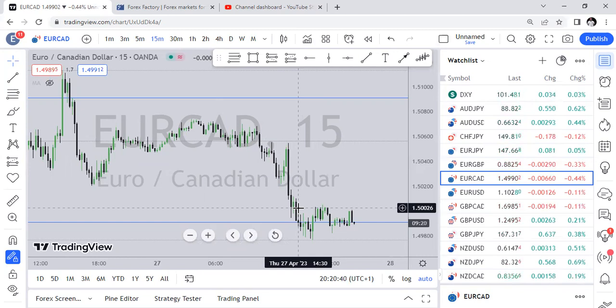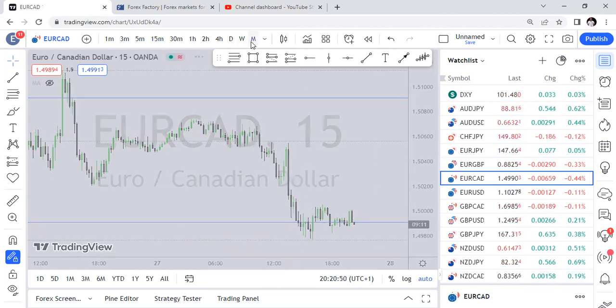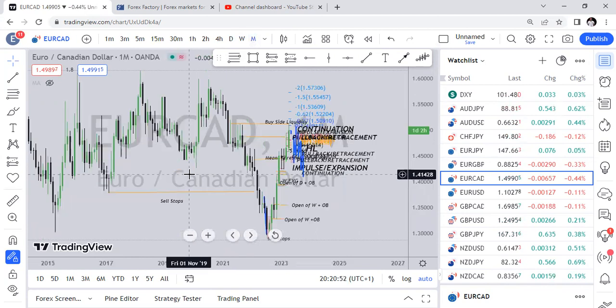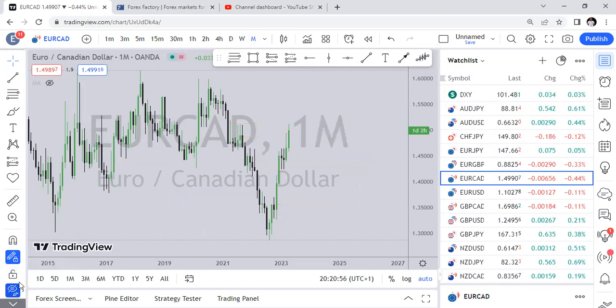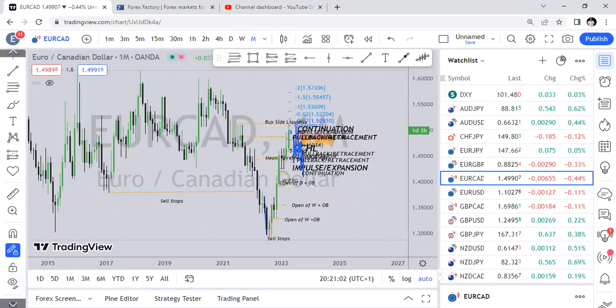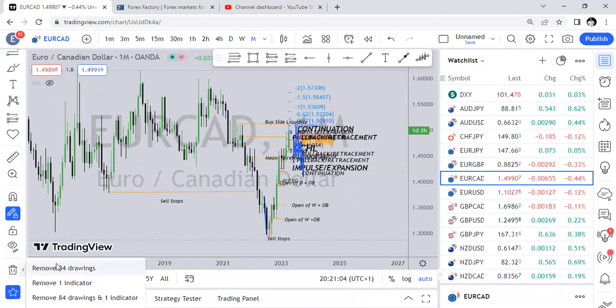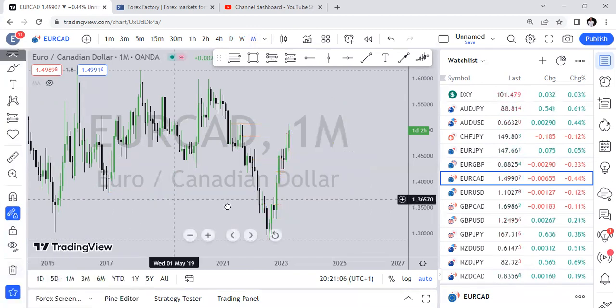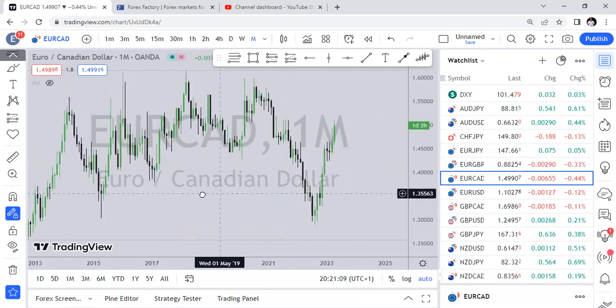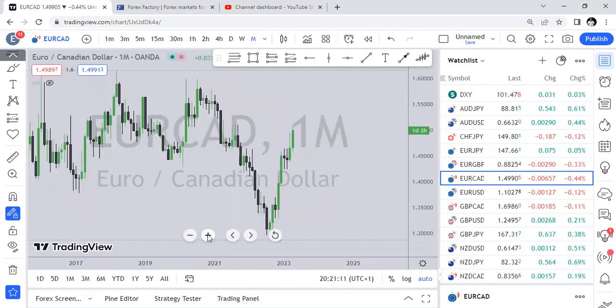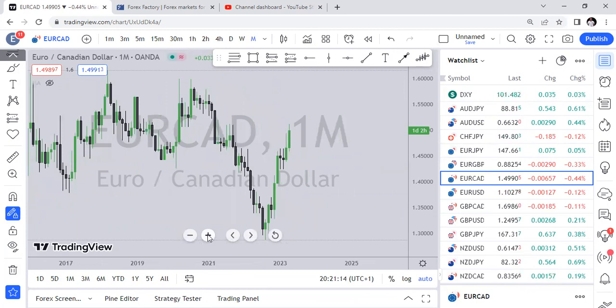That will give us the general idea of what the market is going to do, whether it is bullish or bearish. So the first place we're going to go to is the monthly time frame.